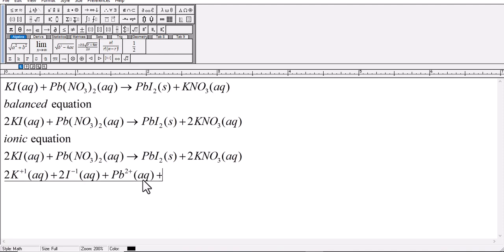state. Plus, and in here I'm going to bring this 2 to the front because I have 2 of these. We dealt with this, so I'm going to say NO3, and I'm going to raise this 2 minus 1. Remember this, we dealt with this and I explained exactly what is happening here.